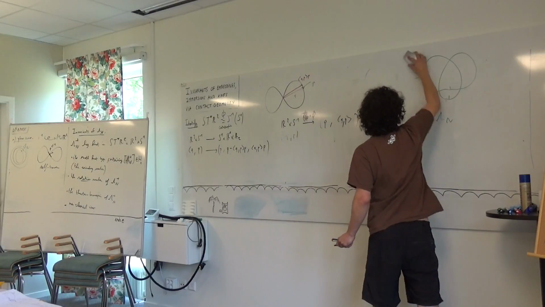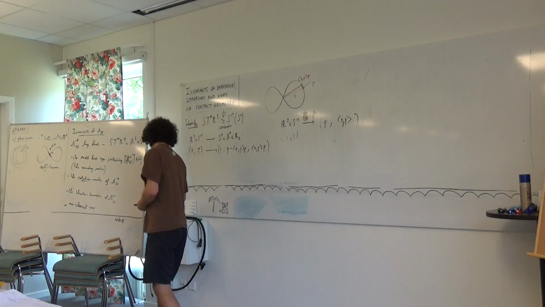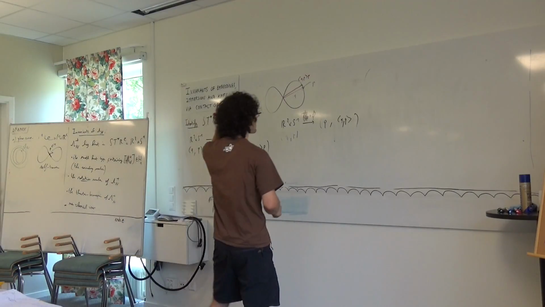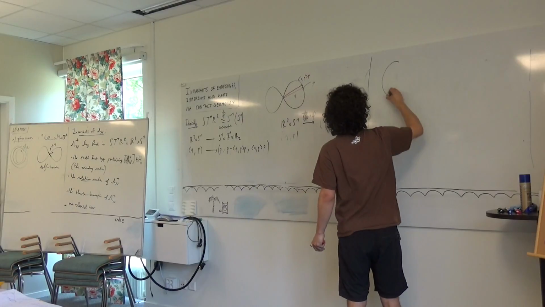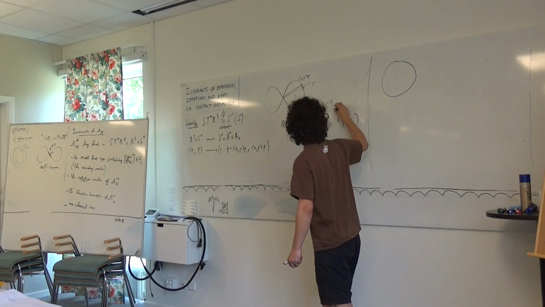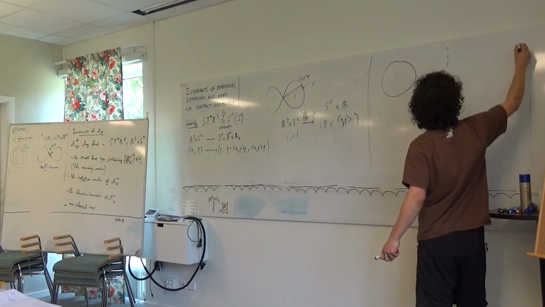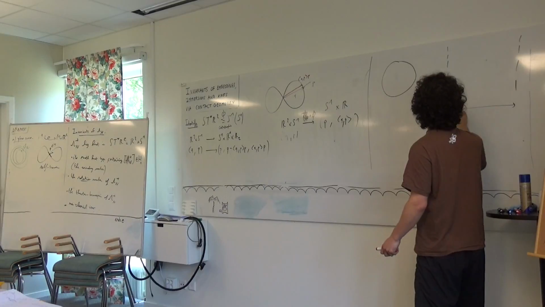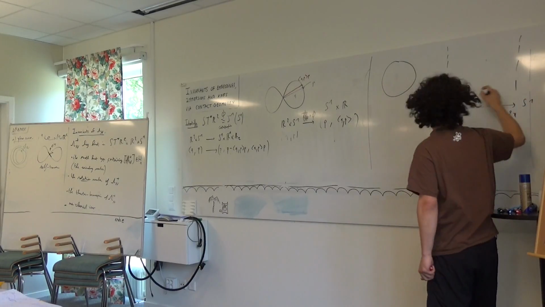And if I do this for these two examples, let's begin with this one. So we get a front in S1 cross R. So I will draw it as, this is 0 to pi, this is S1, and this is the Z direction.